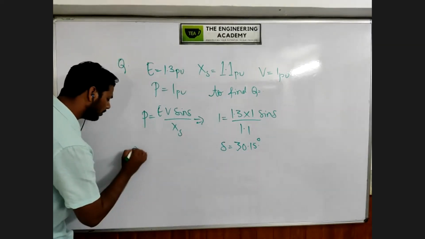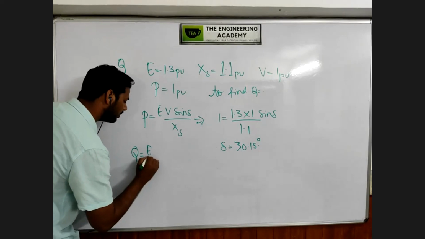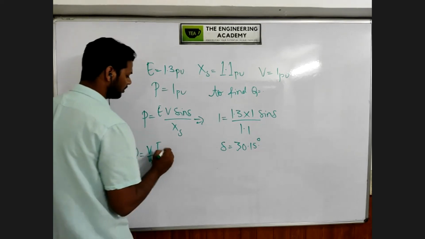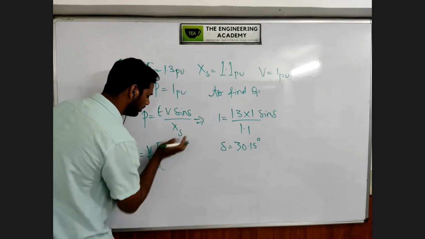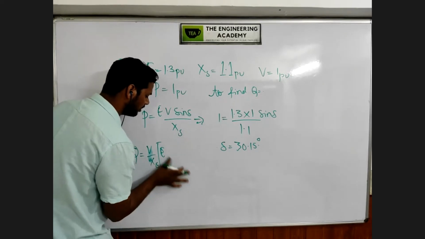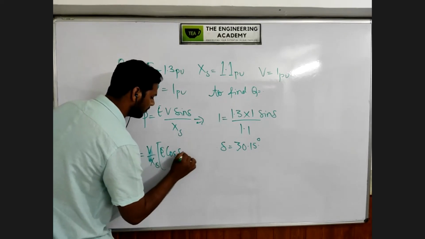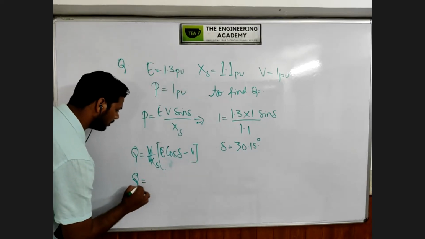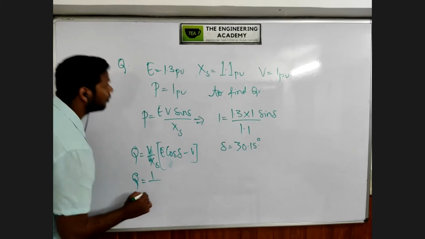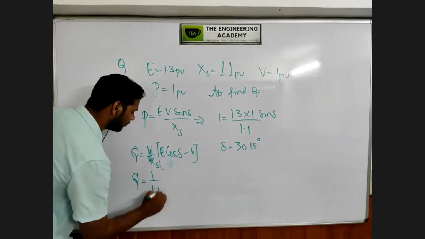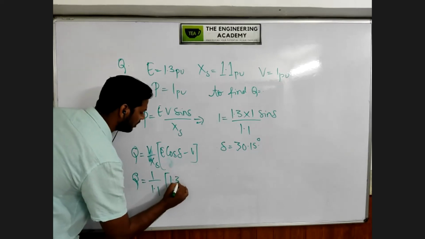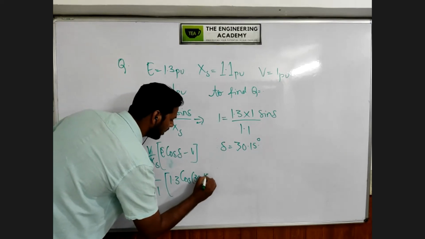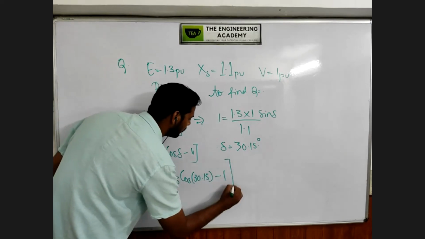Okay, now go for the Q formula. Q is equal to V divided by XS, bracket, E cos del minus V. This was the formula for Q. Putting in all the values: voltage is equal to 1, XS is equal to 1.1, E is equal to 1.3, cos 30.15 degrees minus voltage, which is 1.